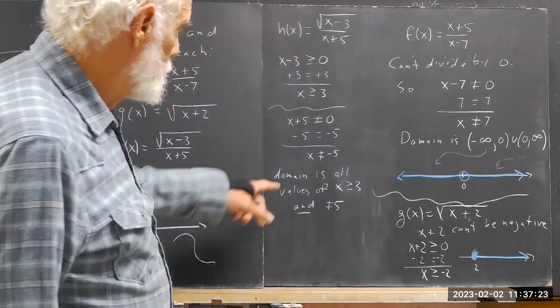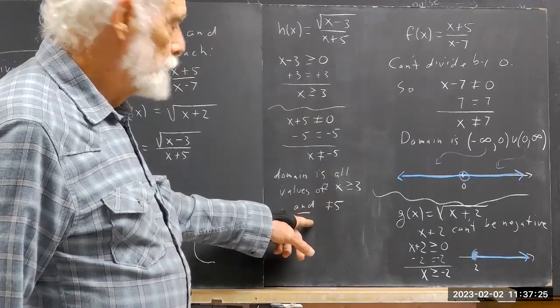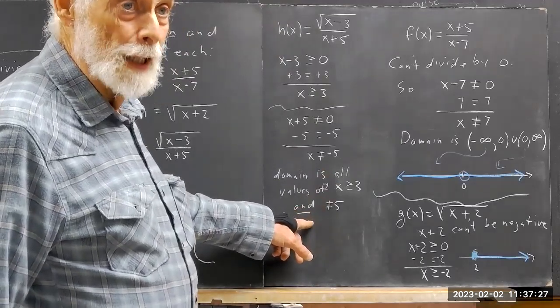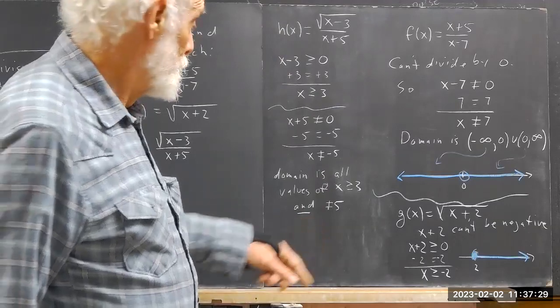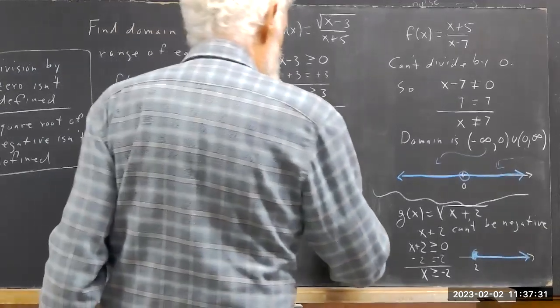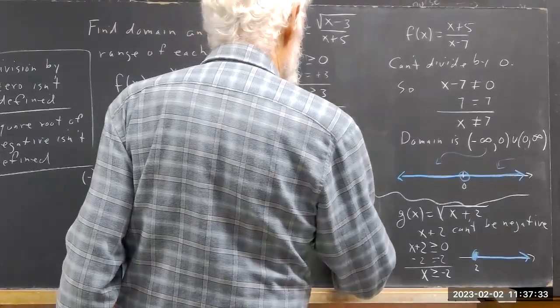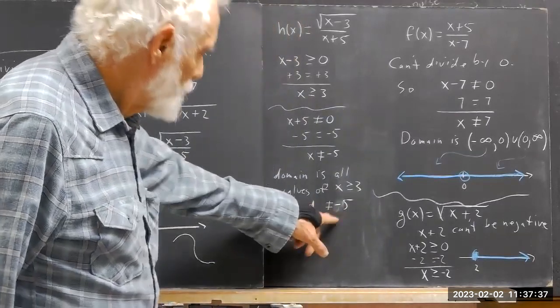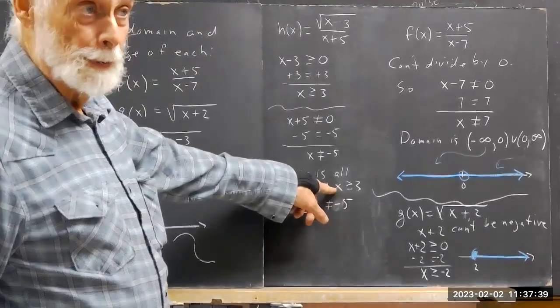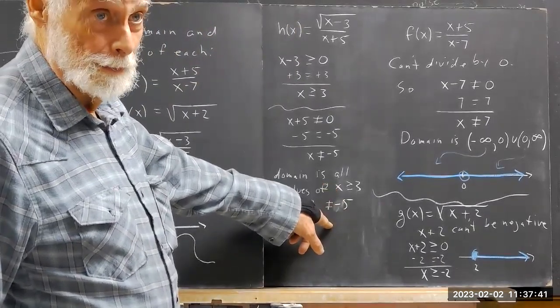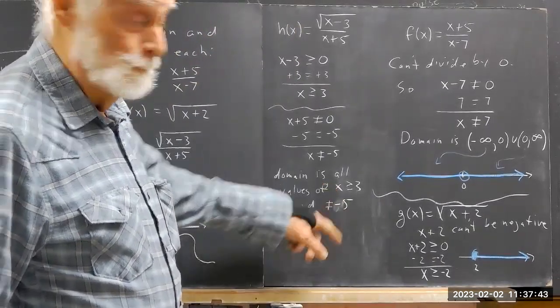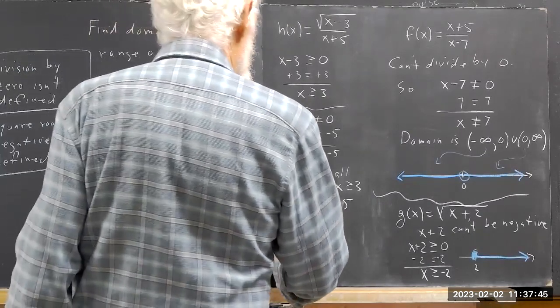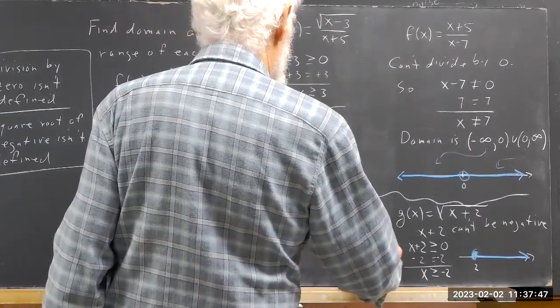The domain remains all values of x that are greater than or equal to 3 and not equal to -5, right? Well, this really doesn't matter because x has to be greater than or equal to 3. It isn't going to be -5. So you could do the number line.